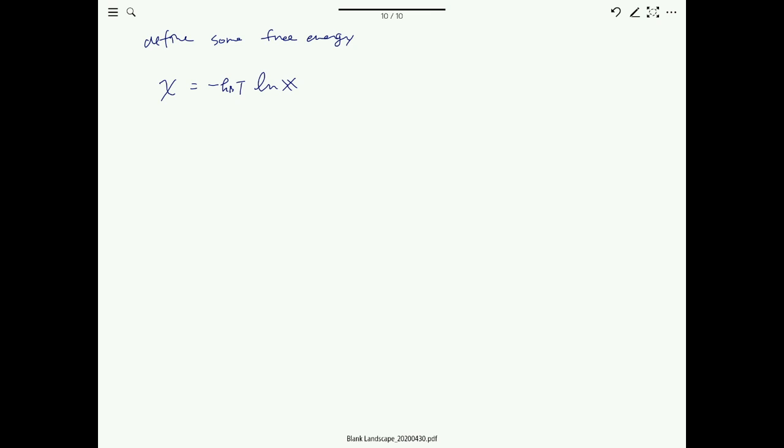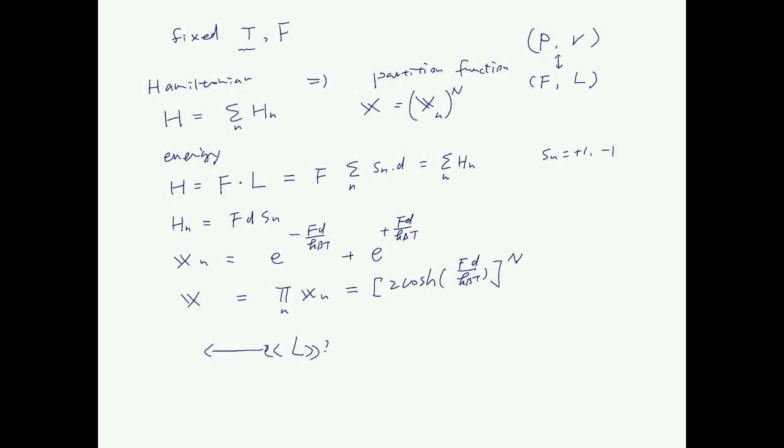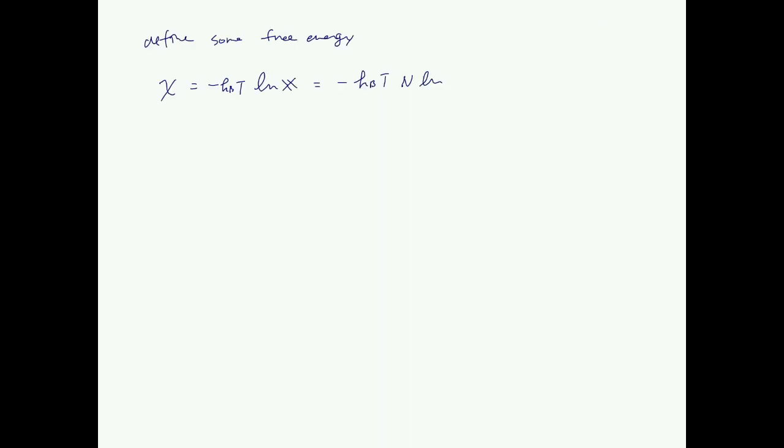Now just plug in our formula. This is something like kBT and log. When I take the log, I bring down a prefactor N, and then I have the log of the one-segment partition function.